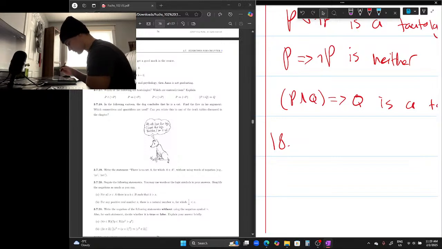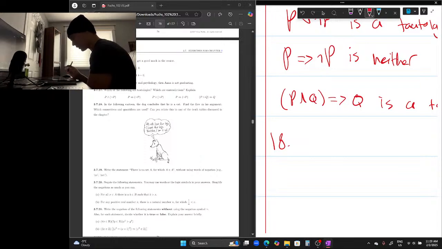So his flaw in his argument is that cats have 4 legs and he has 4 legs. Therefore, he is a cat. But no statement in this comic is false per se.